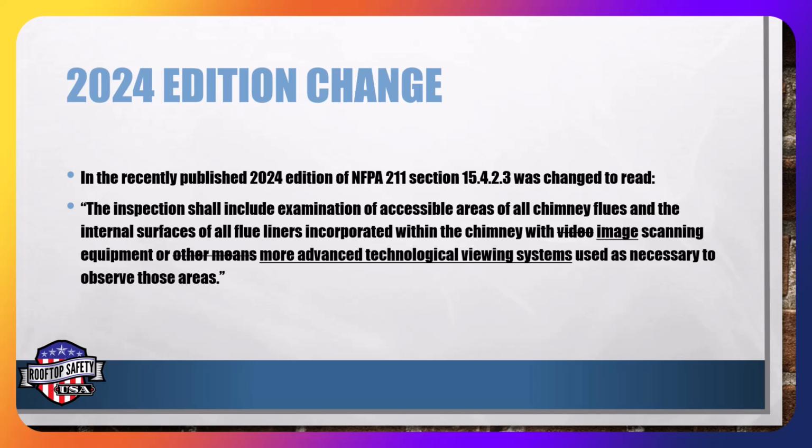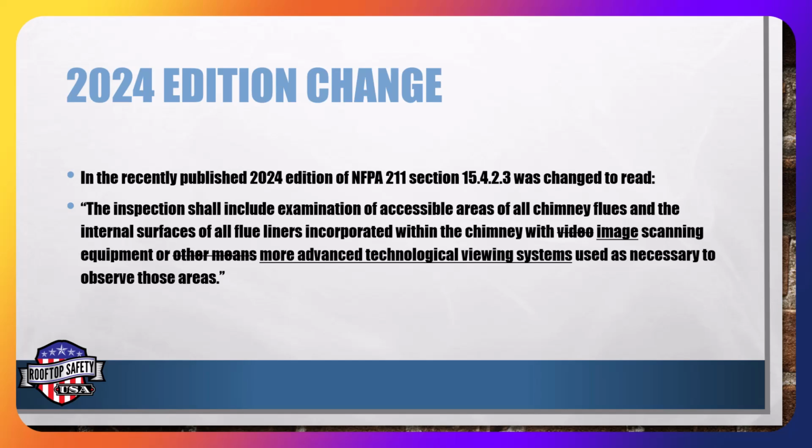This section was changed in the 2024 edition of NFPA 211. And you can see the new text here in legislative format with strikeout for the words that were removed and underlining for the words that were added.